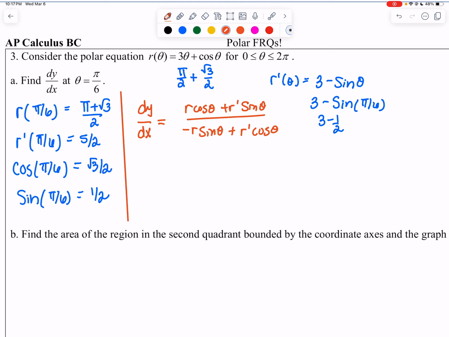All right, once we do that and put this into the handy dandy calculator, we are going to get 3.5497. All right, so that was number 1.